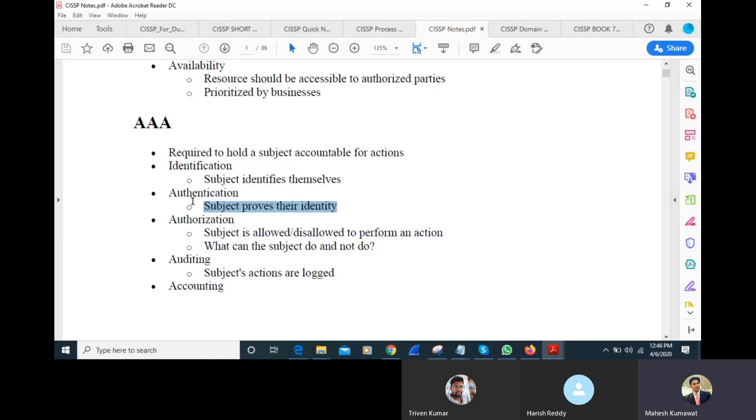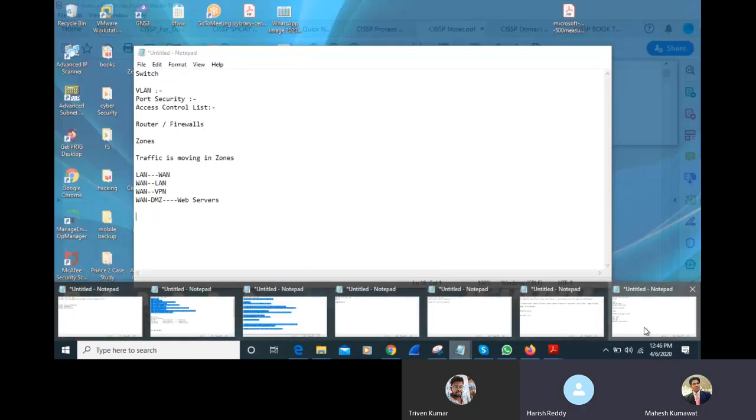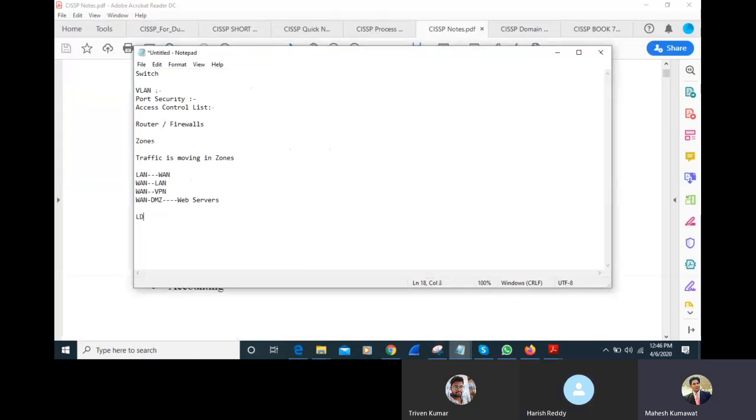Tell me the names of two authentication protocols, in Microsoft and in the Linux environment. Any ideas, guys? No, sir. Okay, just remember, my dear friend.